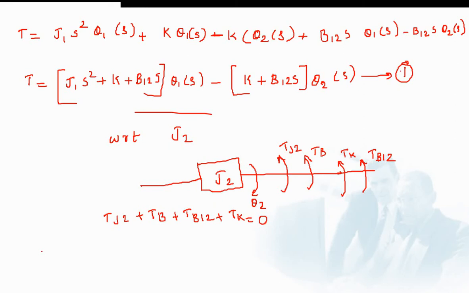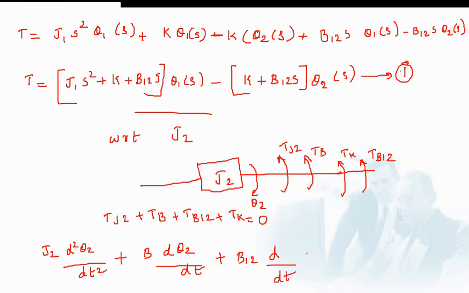Now what is Tj2? Tj2 is equal to J2 into d square theta 2 by dt square, plus B into d theta 2 by dt, plus B12 into d by dt of theta 2 minus theta 1, since we are considering the equation with respect to J2.